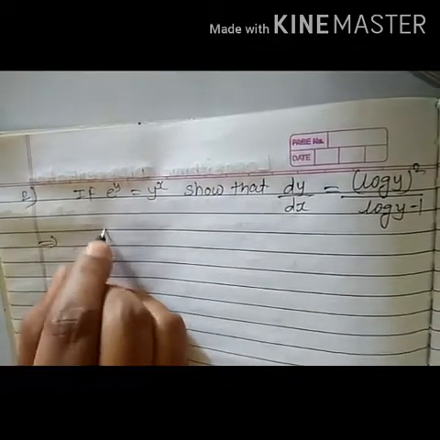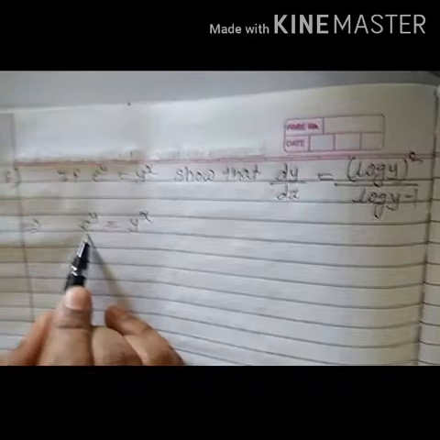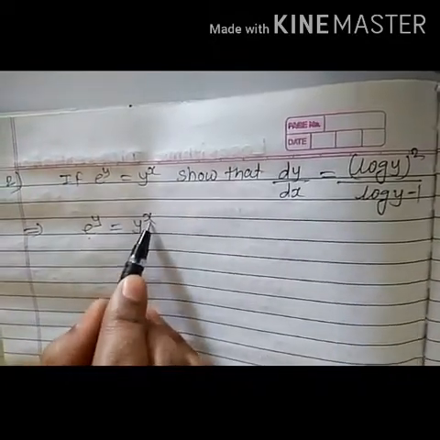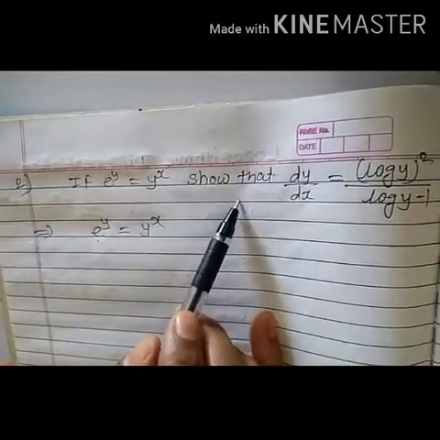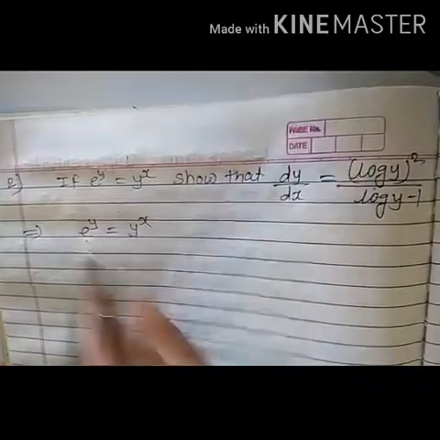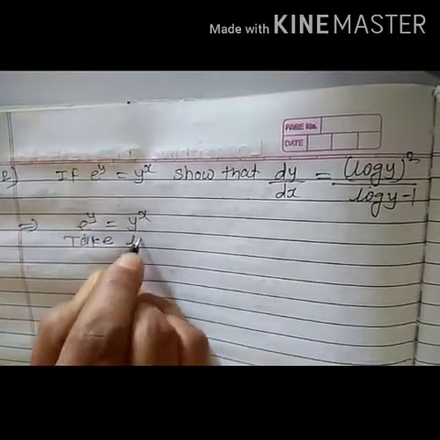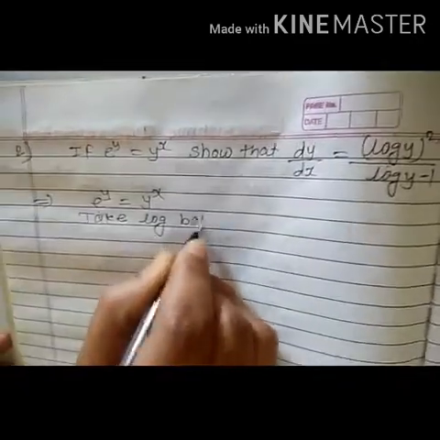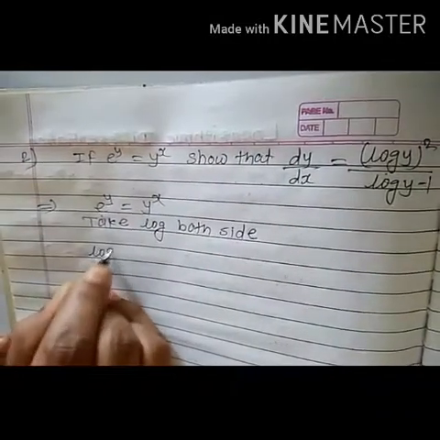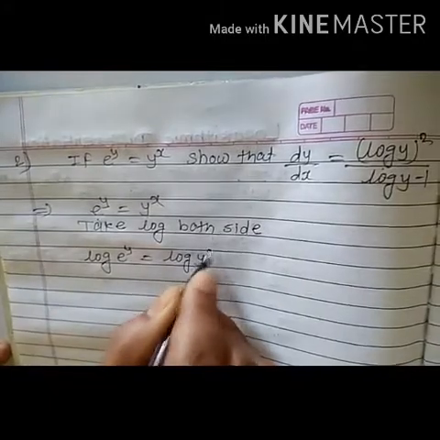Given is e raised to y equal to y raised to x. Here e is the constant and y is the variable. Here both are variables. But the question is asking, show that in the form of log. So here, take log both sides. Log of e raised to y equal to log of y raised to x.